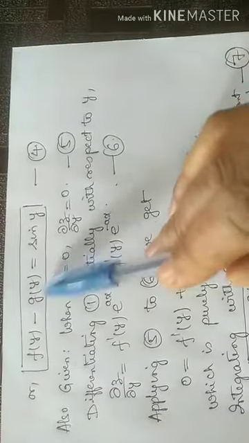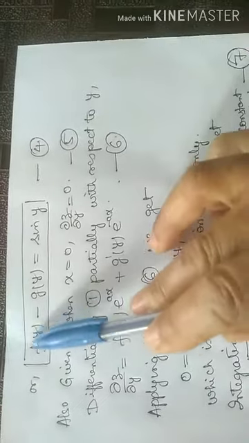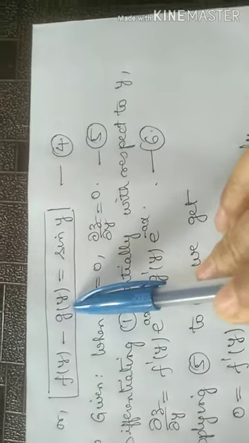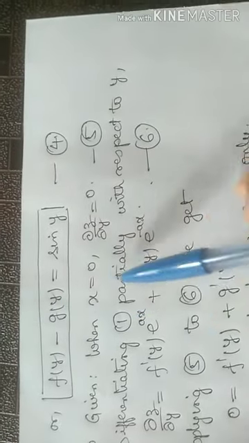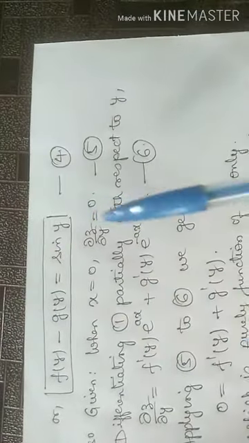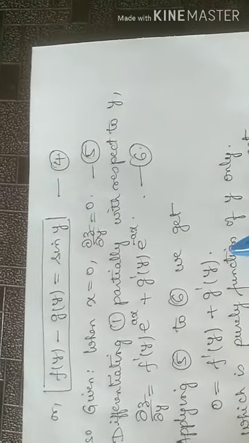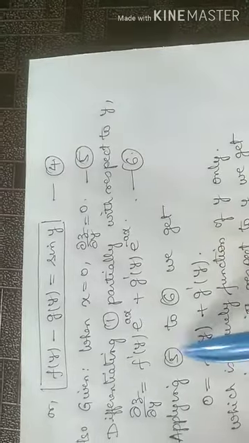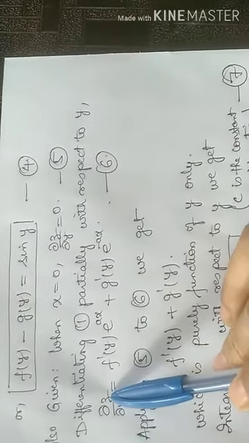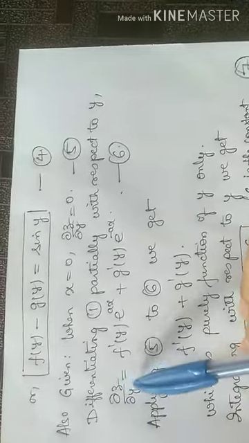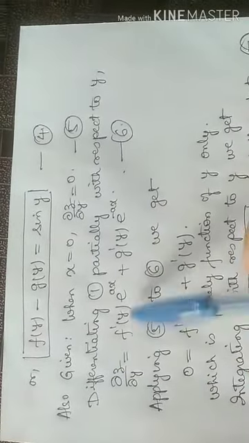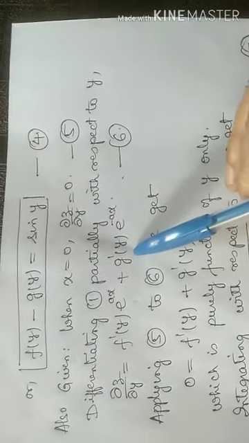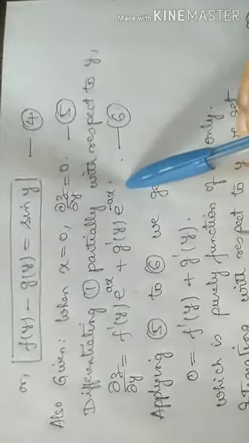Now we are differentiating with respect to y, so the derivative of f(y) with respect to y is f′(y), and the derivative of g(y) with respect to y is g′(y). So differentiating 1 with respect to y, we get ∂z/∂y = f′(y) e^(ax) + g′(y) e^(−ax).